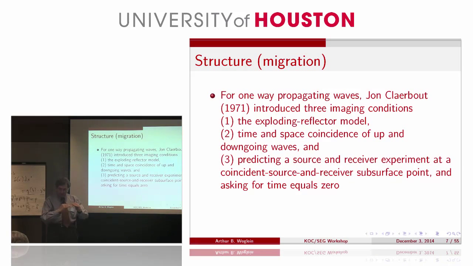If you have a specular reflector, then you have a specular reflection coefficient. If you have a curved reflector, you put in a plane wave and you will not get specular, you will get a distribution. If you have a pinch out, a plane wave comes in, a non-plane wave comes out. That's all accommodated by Claerbout III extended.